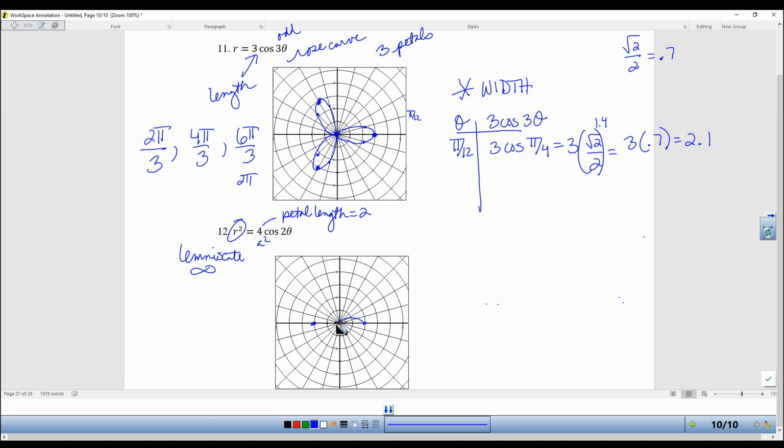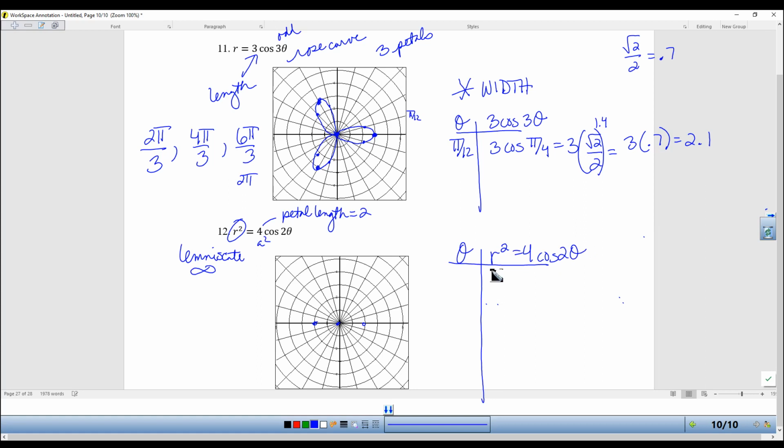Now, you could just go ahead and draw this, and I will give you half the points because that was pretty straightforward. Instead, I really want you to find the width of each petal. So I just need one good point. So r squared is equal to 4 cosine 2 theta.